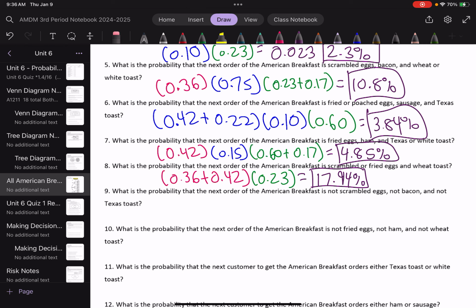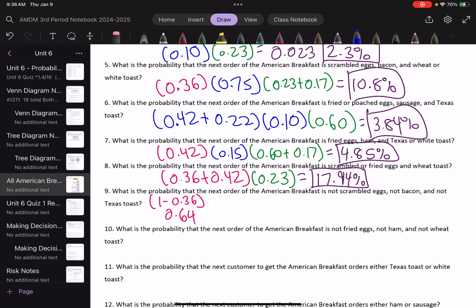So what I would do is 1 minus 0.36, which is 0.64. That should give you the same amount as if I'm not getting scrambled eggs, I'm either going to get a fried egg, which was 0.42, or a poached egg, which was 0.22. If I add those together, I should also get 0.64.